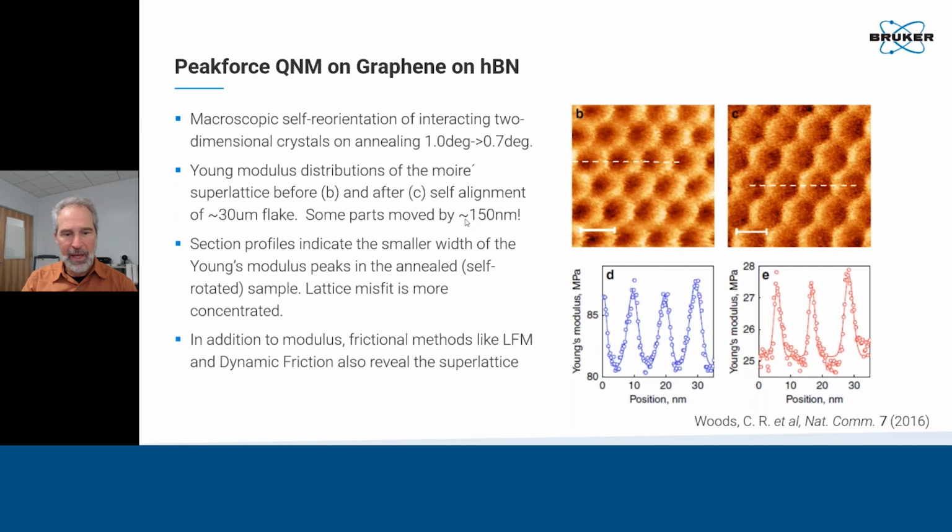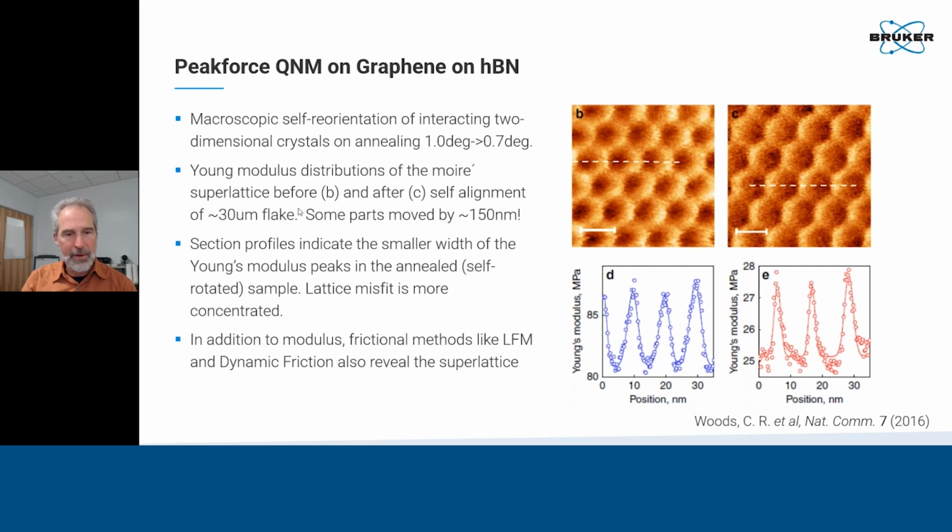And actually, if you look at a 30 micron flake, some parts of this flake are really moving by quite a large distance, like 150 nanometers. And what happens then is you can look at the section profiles across this, and you can see that these peaks get tighter in the modulus. So that's indicating that the lattice misfit is getting concentrated into edges around these hexagons.